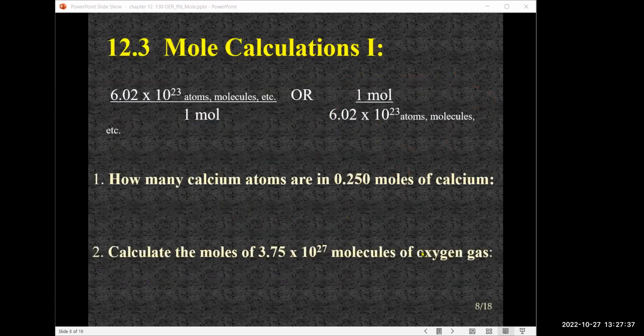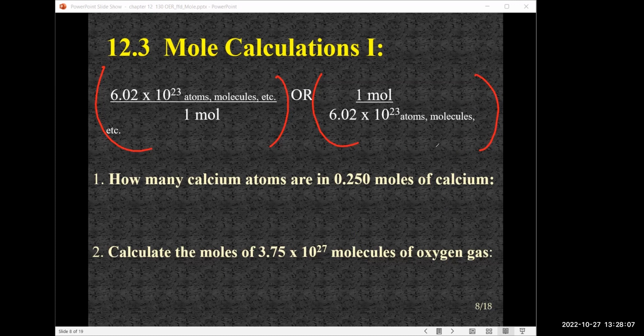Okay, now going back to Avogadro's number. Avogadro's number is also a ratio, okay? It is 6.02 times 10 to the 23rd. You can write it one of two ways, either what we've got on the left or on the right. And keep in mind, it's just a count. So it's units, but like I said, it could be atoms, molecules, bananas, oranges, whatever you are counting.